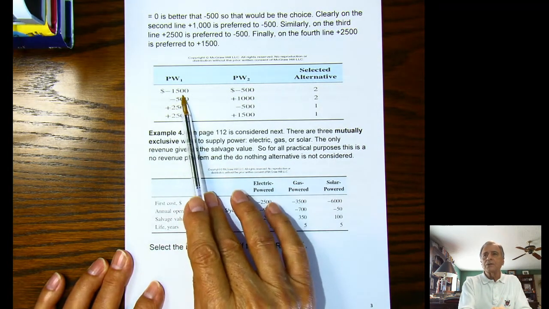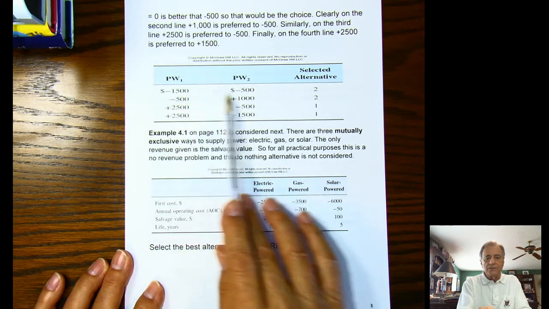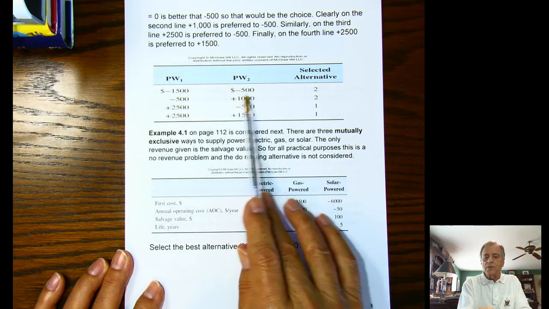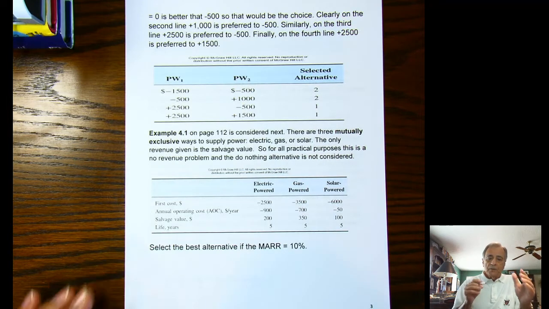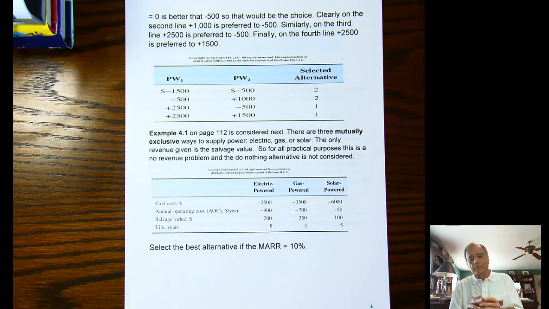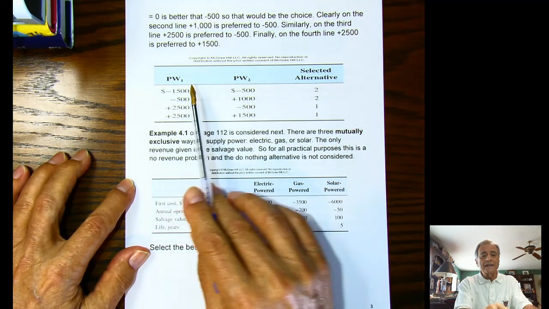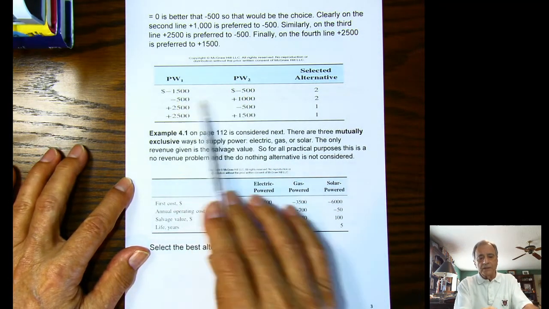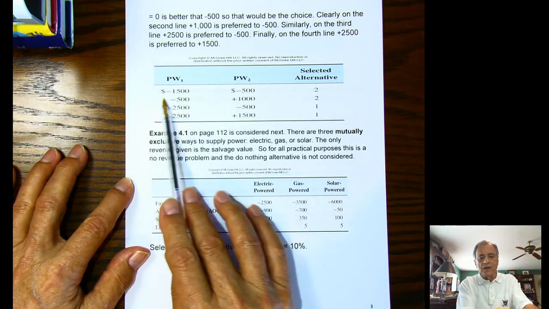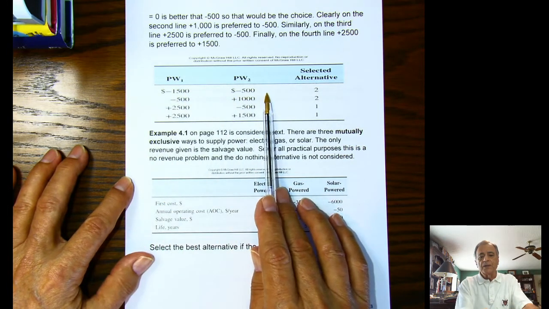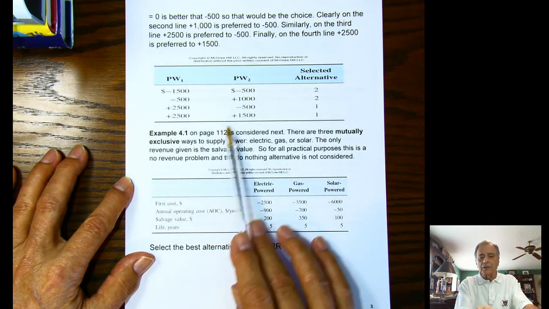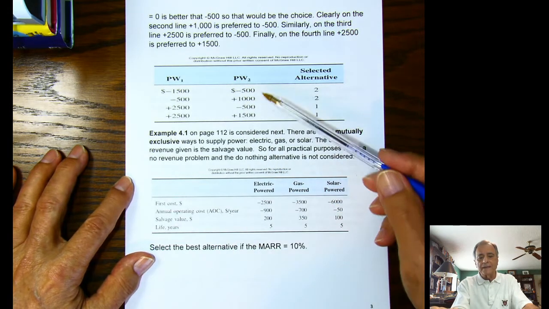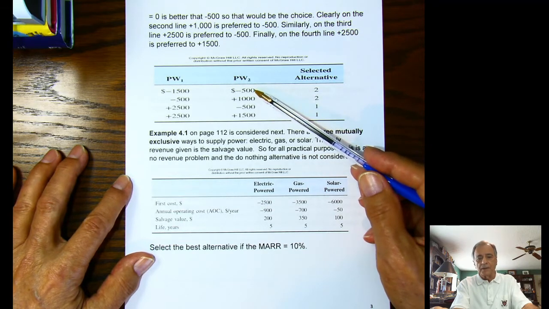Project 1 has a present worth of minus 1,500, and project 2 has a present worth of minus 500. Now, we're going to assume that the do-nothing alternative is not allowed, because if it was, you'd certainly select it. It has the highest present worth of 0. But we're assuming that the do-nothing alternative in row 1 is not feasible, so we would select alternative 2 because it has the higher present worth, less negative.